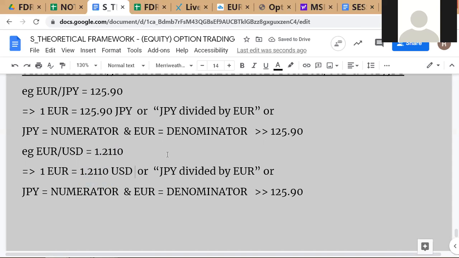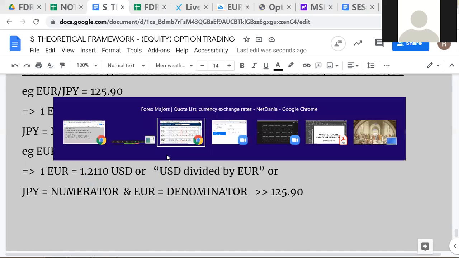Or in this case it is USD divided by EUR. What is the numerator? Dollars or euros? Anybody? I hope everybody hasn't fallen asleep by now.